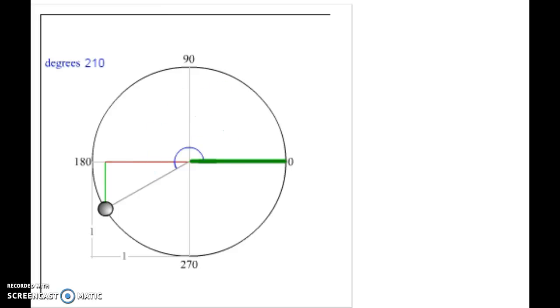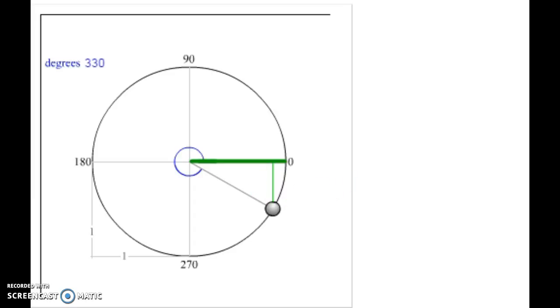Okay, great. Now, if we go back to standard position, and this time I go to right here going clockwise, that's 30 degrees. But it's actually a negative 30 degrees because I just traveled clockwise. That would be negative 30 degrees.